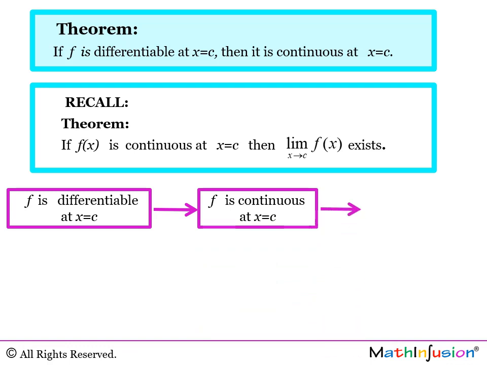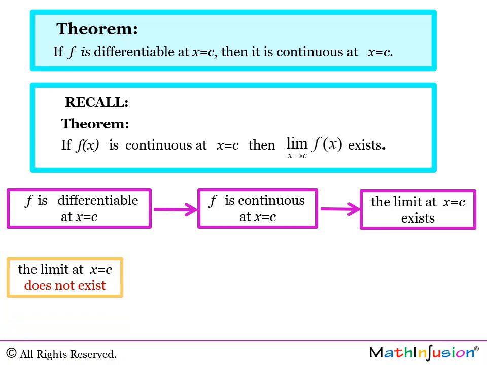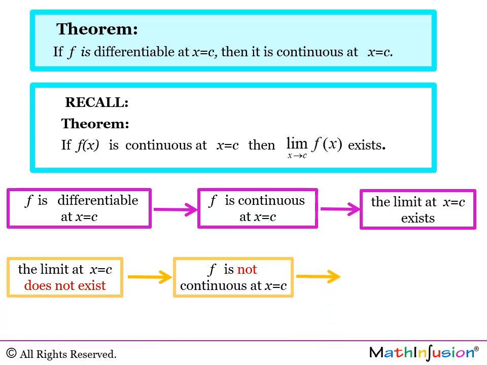But also, this implies that the limit at x equals c exists. But also, if the limit does not exist, then it is not continuous. But if f is not continuous, this implies that it's not differentiable at x equals c.